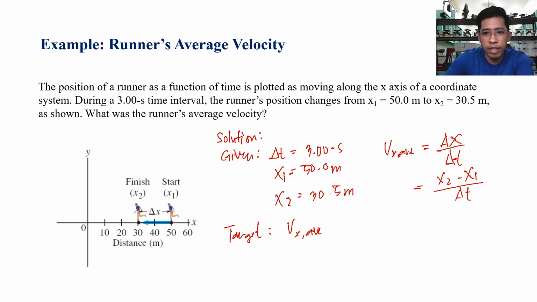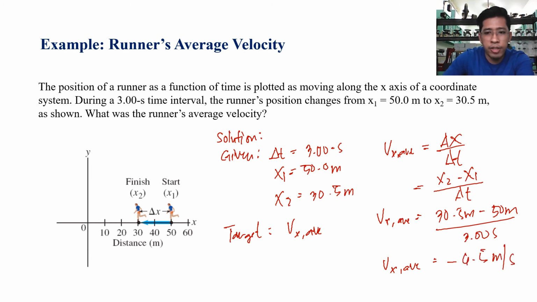So V average is equal to 30.5 meters minus 50 meters divided by 3 seconds. Using your calculator, we find that your average velocity is equal to negative 6.5 meters per second.